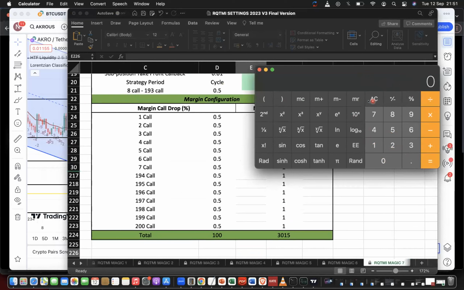If you have more money, you don't have to do $15. You can do $50 times 200 margin calls, which gives you $10,000. If you have a lot of money, you can put $200 times 200 margin calls. That's $40,000. So the higher your first buying amount, the more.